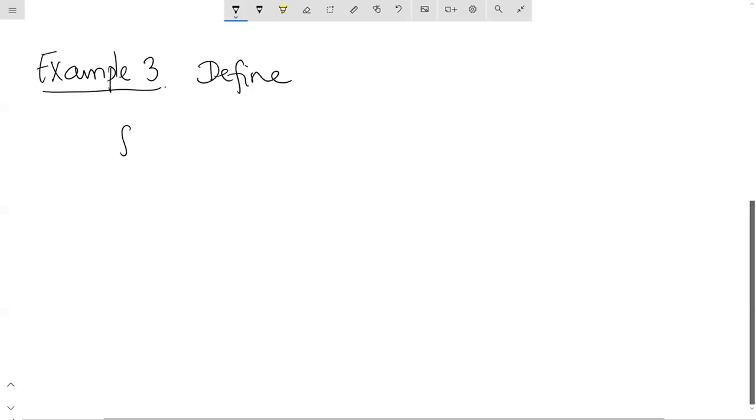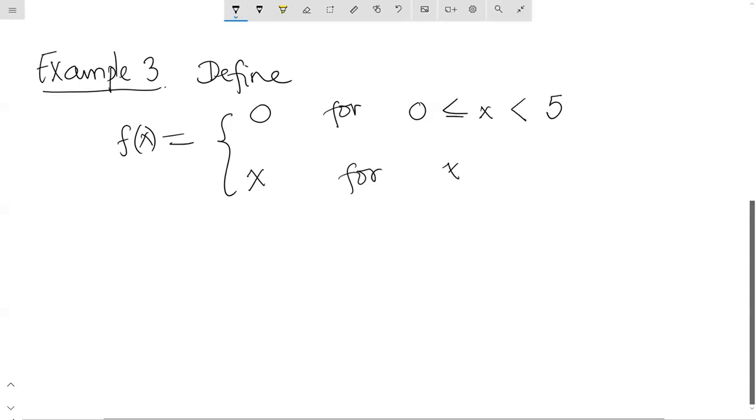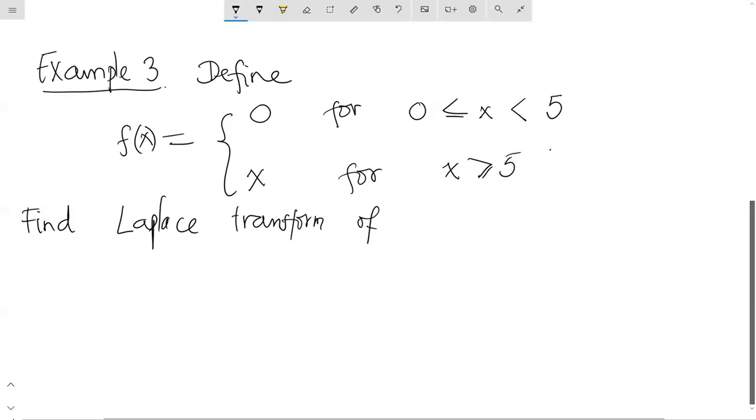Define f of x like this: equal to 0 for x between 0 and 5, and then x for x bigger than or equal to 5. Find the Laplace transform of f.